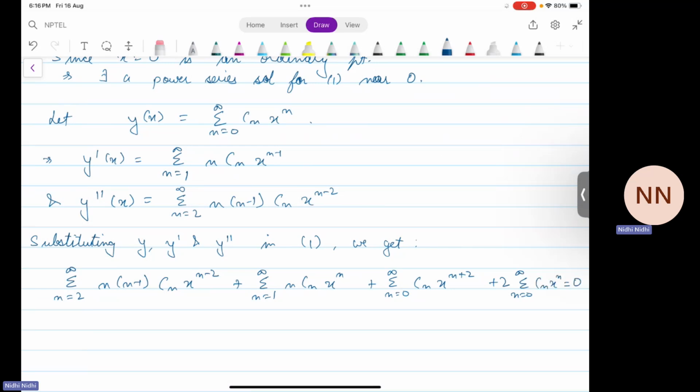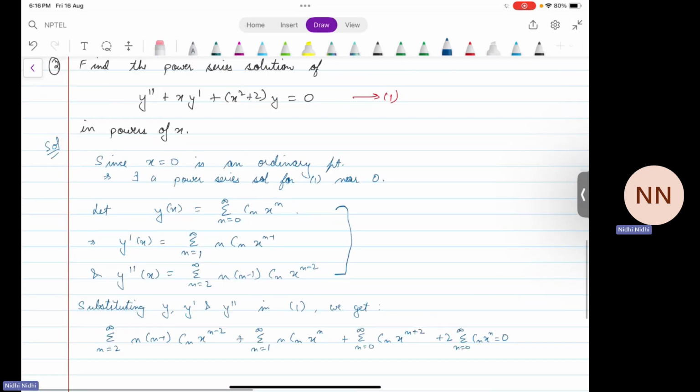We have just substituted these values in equation 1.